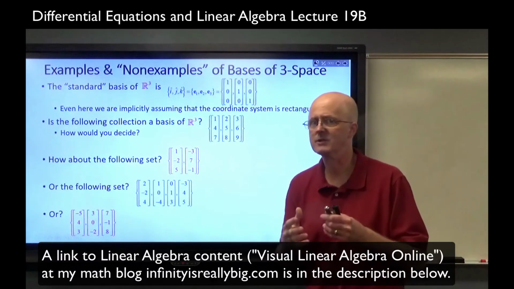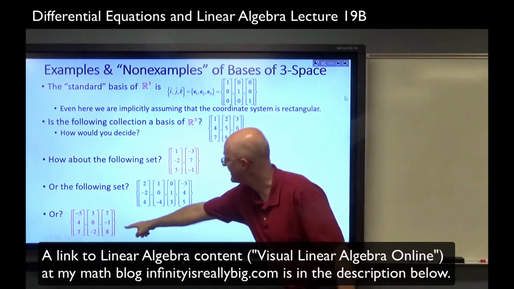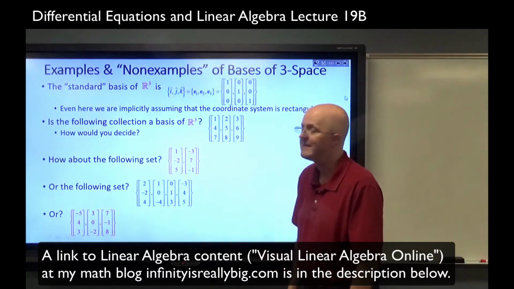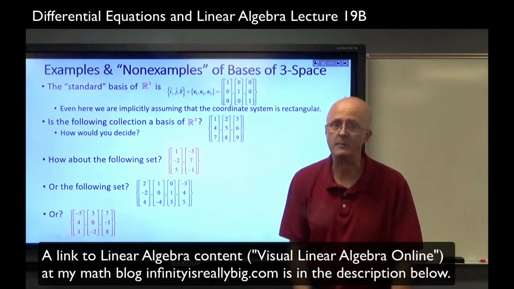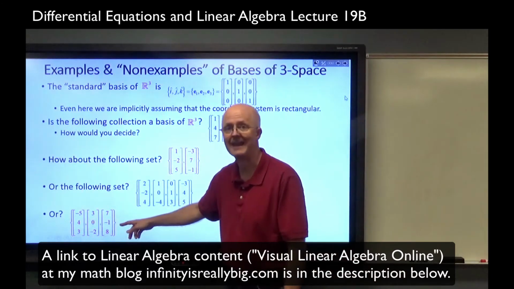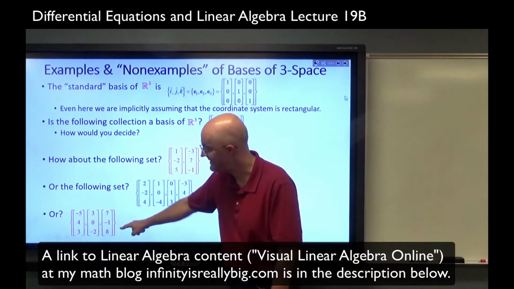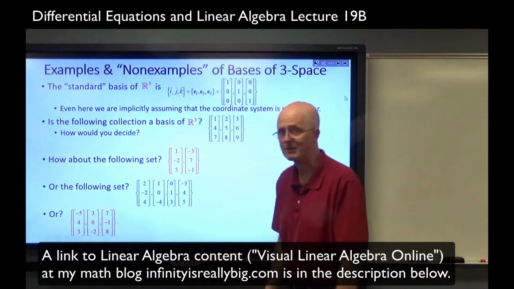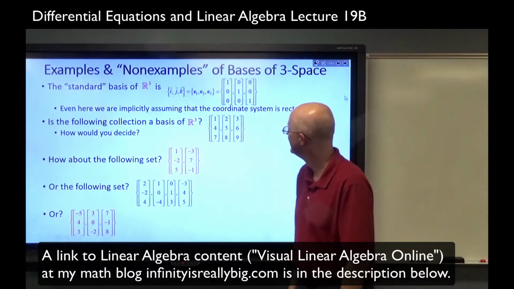If you pick the vectors randomly, like down here, another collection of three vectors in three-dimensional space, in all likelihood they will form a basis of R3. They will be linearly independent and span R3. And that does happen down here because I essentially picked those components somewhat randomly.